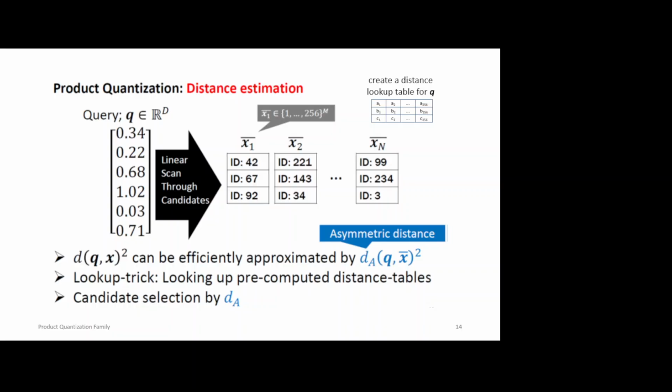And we just sum up all the distances stored in those locations. So we don't need to compute the Euclidean distance again. We just need to check the distance lookup table to see where they are located, retrieve the value and sum up all of them. Then we can get the distance of x1 to the query.